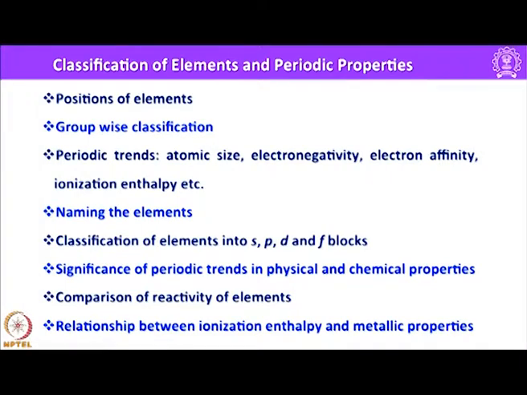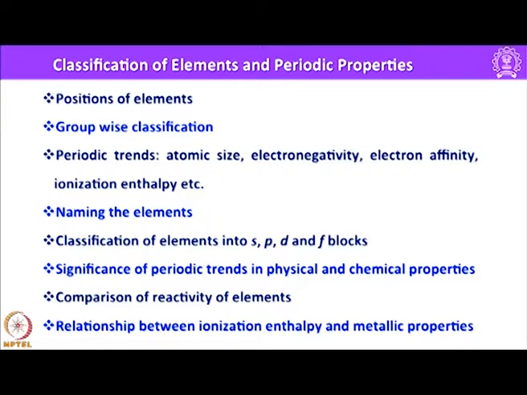Most of these terms, atomic size, electronegativity, electron affinity and ionization enthalpy, are all interrelated, and we can use these as a tool to understand the entire set of elements that are there in the periodic table.